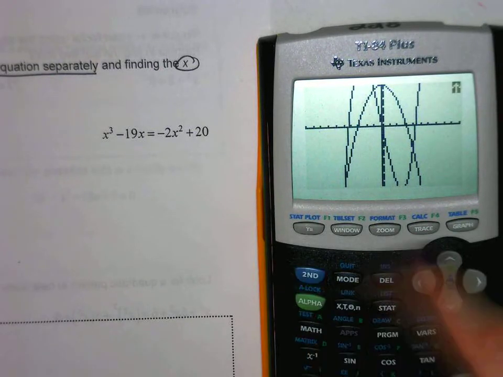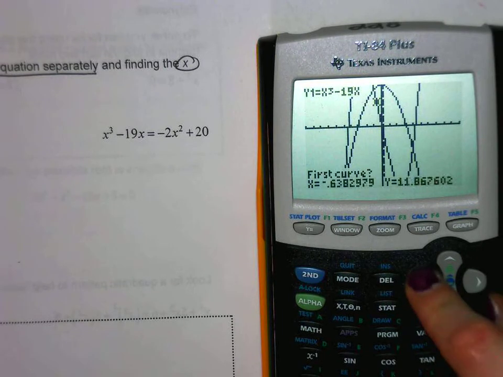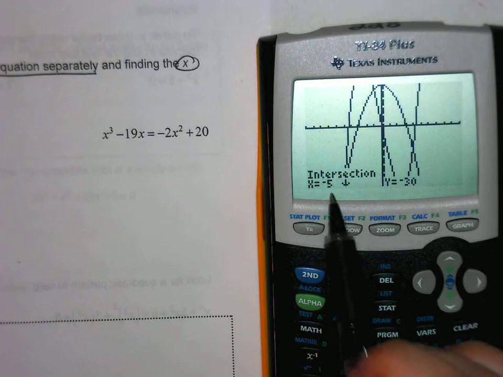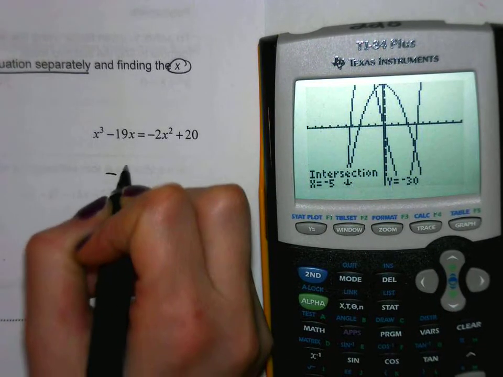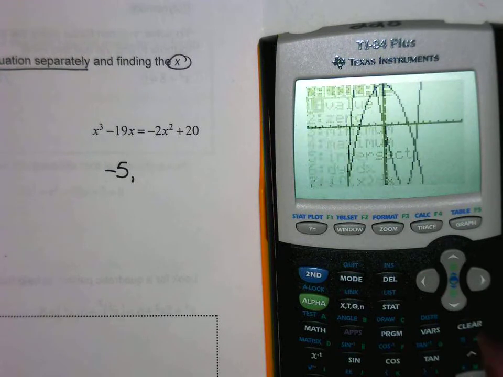So second trace, the intersection. Start over here. Enter, second curve. So my first solution is at -5. Let's find our second one.